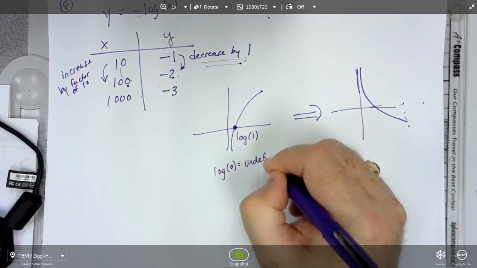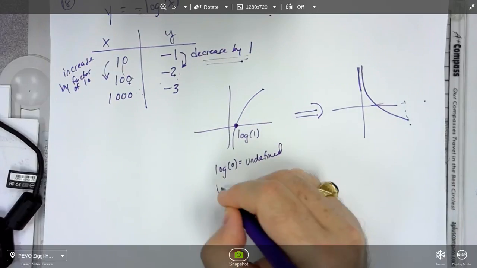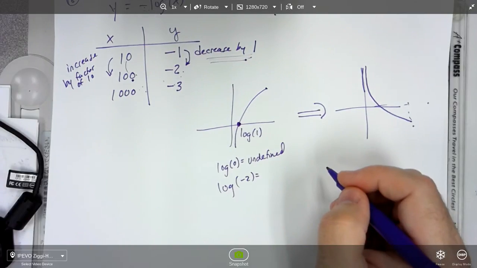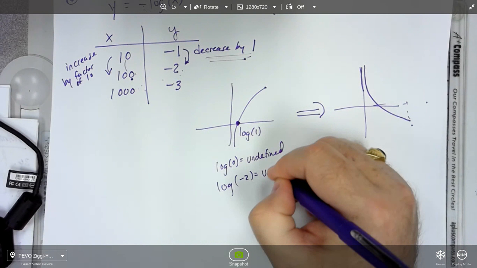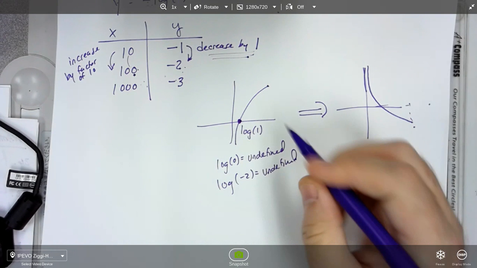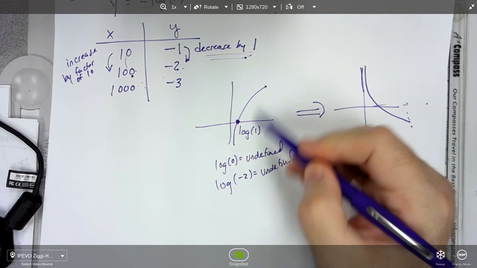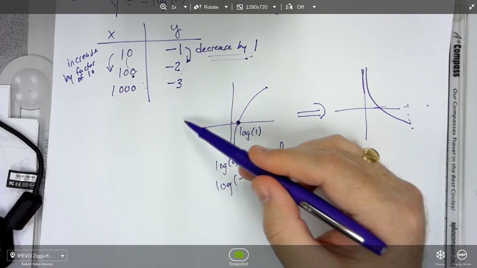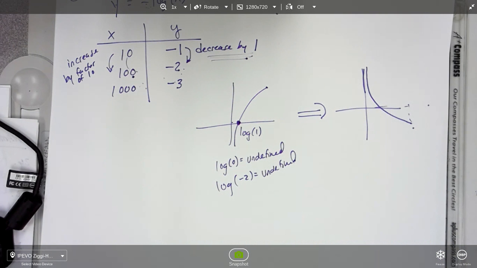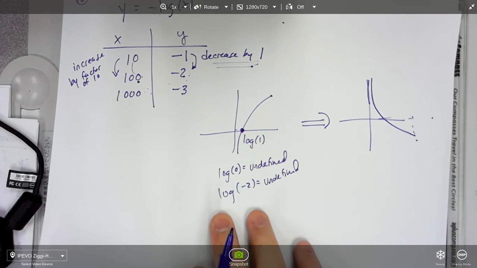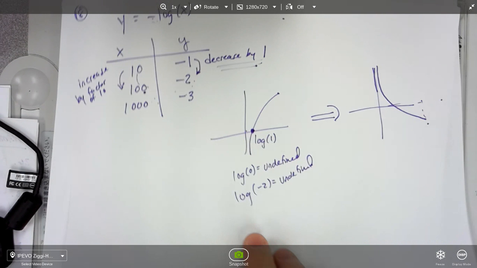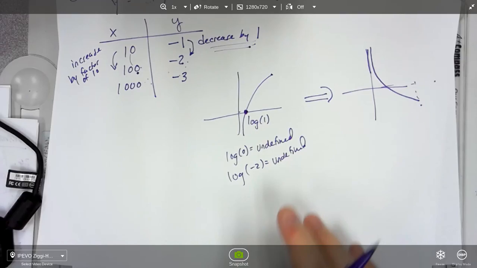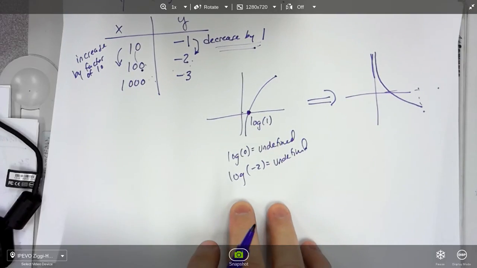It's undefined. What is log of negative 2? It's undefined. Your log function is only defined in quadrants 1 and 4. Yeah, 0 or anything less than that is undefined. Okay. So don't let them trick you by throwing some freaky values on there. You have to know these. That's just your characteristics of a logarithm. All right.